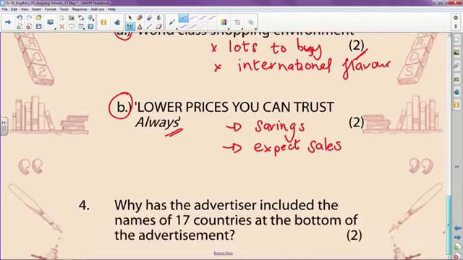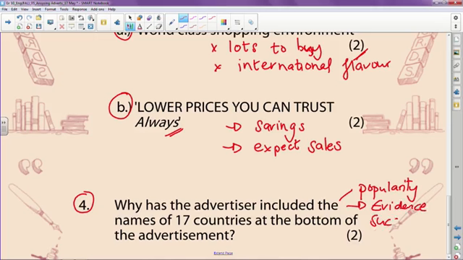Okay, and then the last question, why has the advertiser included the names of 17 countries at the bottom of the advertisement? Well, definitely to show popularity. All right, and I think to give evidence of its success. All right, so that was how we answered that question.